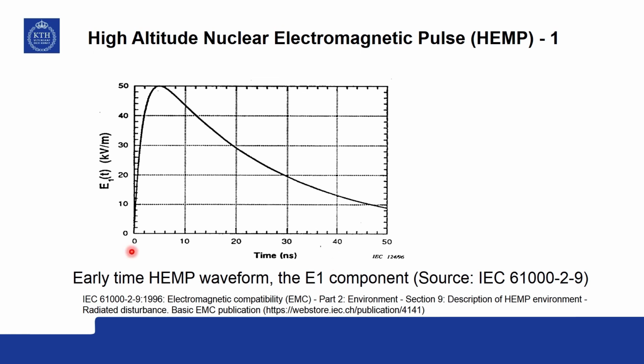For example, the E1 component of the HEMP waveform has here time scale is nanosecond, and here it is in kilovolts per meter. So, if it is defined that it should withstand HEMP, then this is the type of waveform that are considered in civilian systems.